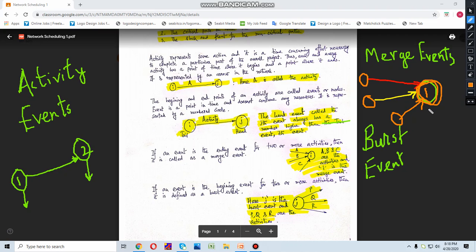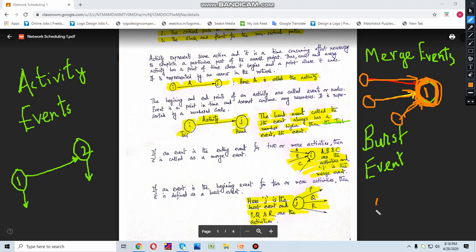You can say somewhat like what is written over here: if an event is the ending event for two or more activities, that means the activities are culminating at a specific point, they are meeting here. You can see that the three activities are merging here, so this is why it is called a merge event.